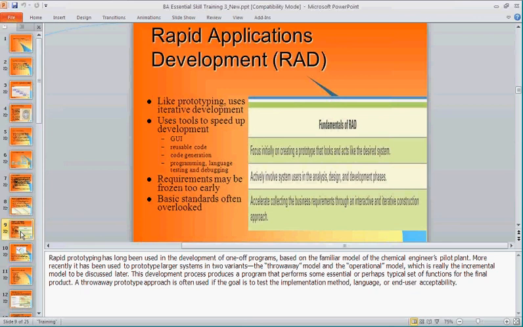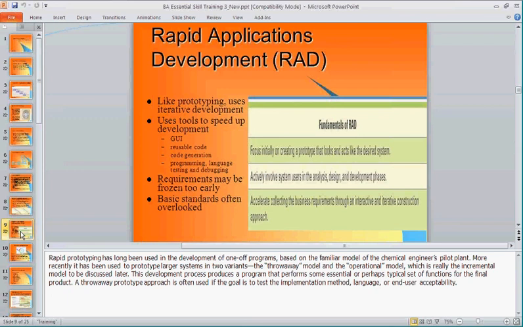So when we have some components of it ready, it means that we have reusable code, right? We have some tools. If you want to build something real fast, you must have the tools for it, correct? So rapid application development has tools, it has reusable code, and of course, they are not only for development, but for testing purposes as well.